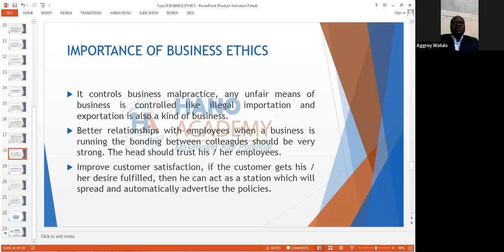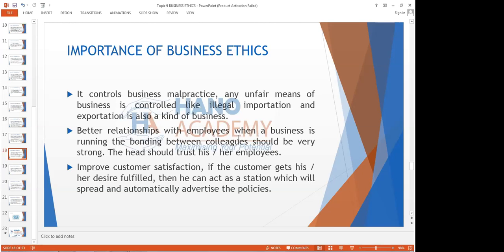So business ethics controls business malpractice. Any unfair means of business is controlled, like illegal importation and exportation. So it controls malpractice such as illegal importation of goods, illegal exportation of goods, etc.